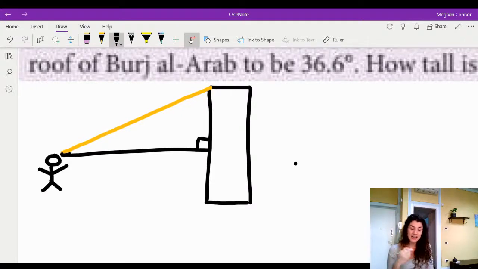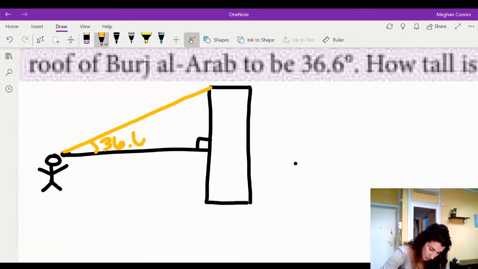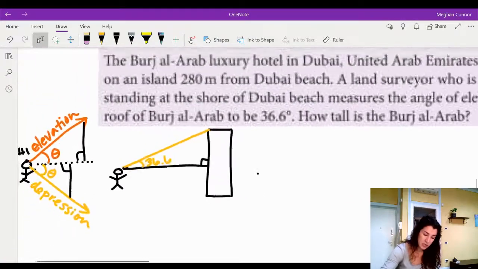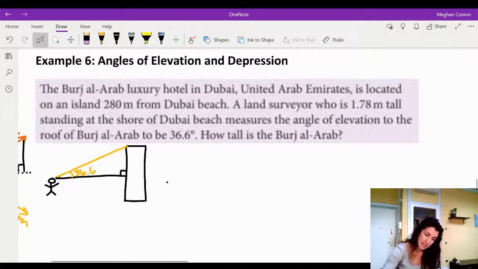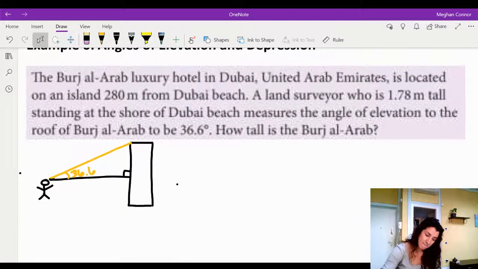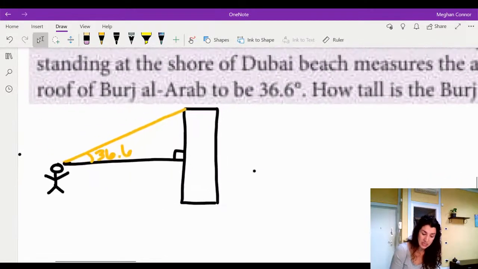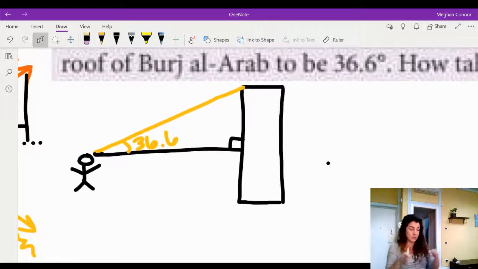Okay, so that is where your right triangle comes from, not from their feet. 36.6. Now, we have a few more pieces of information in here. We're told that the hotel is 280 meters from this beach that this person is standing on. So we know that the horizontal distance is 280 meters.